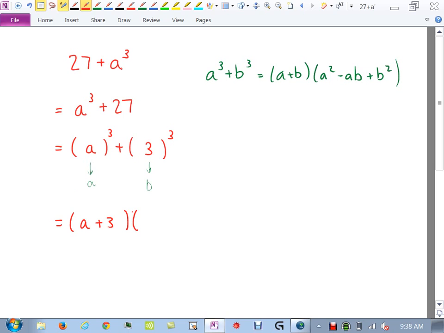Then in parentheses, a squared, which for us is, well, A squared, minus ab. It's 3 times a, right? So minus 3A. And then plus b squared, so plus 3 squared, which is 9.